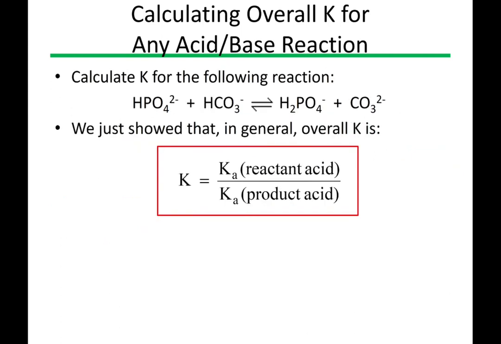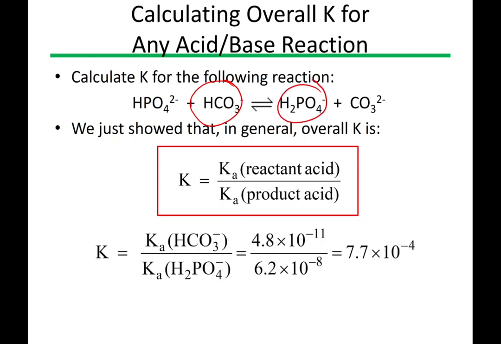So to find the K, we saw that in general, the K is going to be the Ka of the reactant acid over the Ka of the product acid. There's our product acid in this reaction. So we find those numbers on the table and plug them in, and for this equilibrium, we get 7.7 times 10 to the negative 4th.